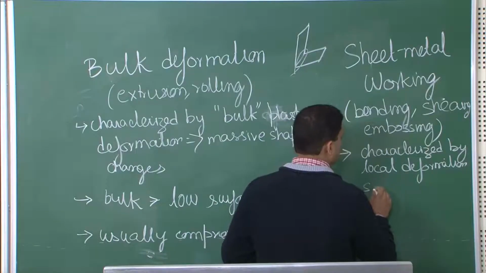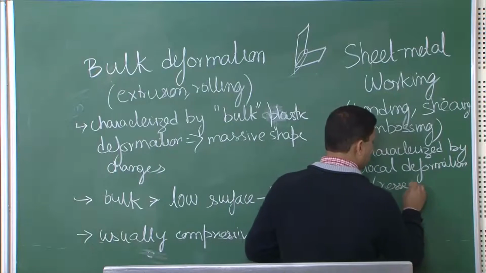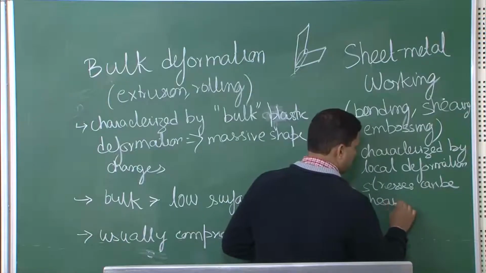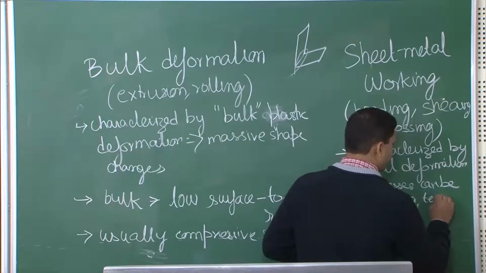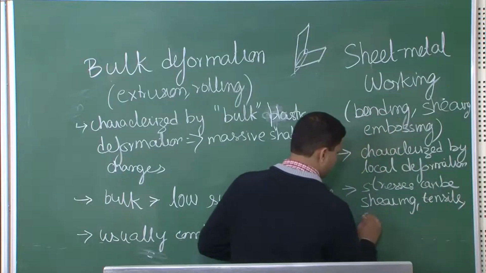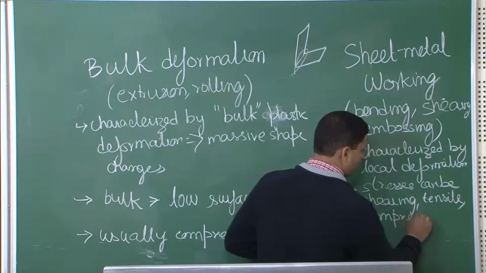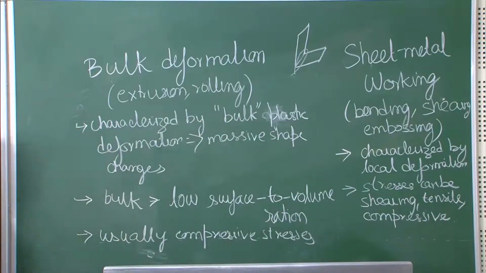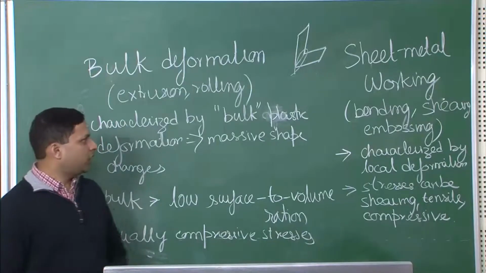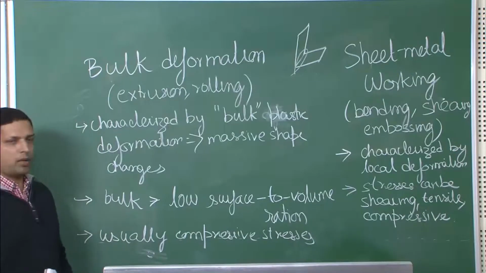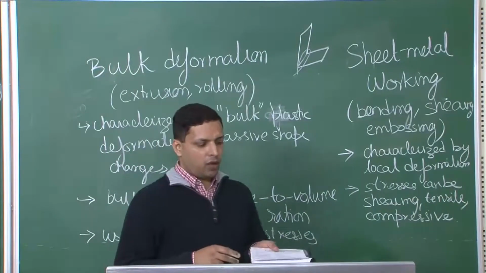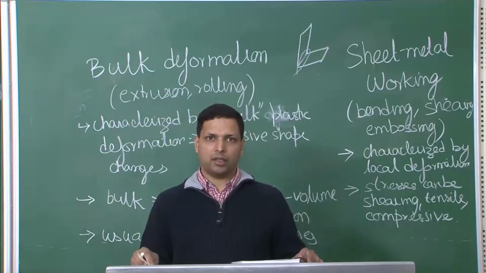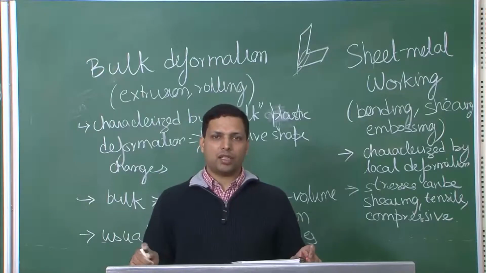And here stresses can be mostly shearing, but it can as well be tensile, compressive, etc. So these are some of the classifications that are very commonly given in textbooks that you should be aware of. And with that, now we are in a position to move on to a more detailed understanding of some of these aspects. So let us start with stress and strain.